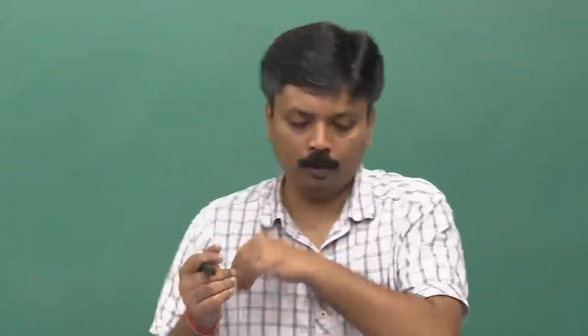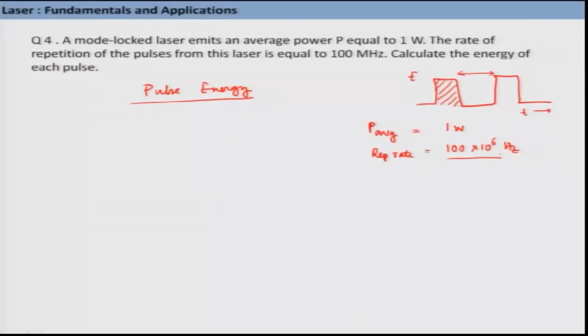So, it is P average divided by 10 to the power 8. This is in second inverse and this is in joule per second. So, this is my pulse energy.